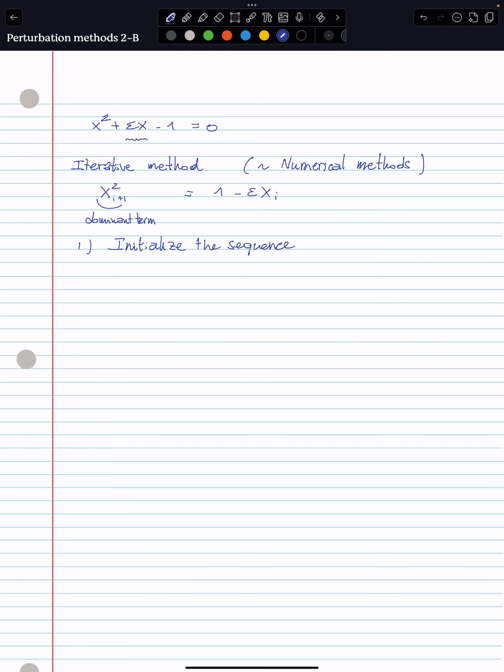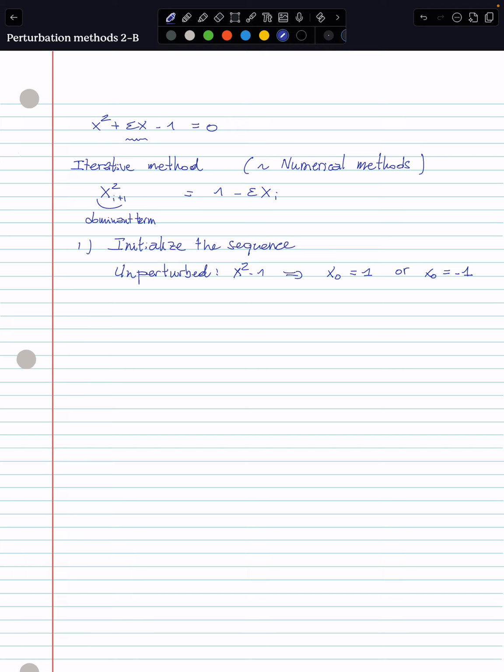And so how do we initialize in this problem, which is a regular problem? It's not too complicated, especially because we could use the solution of the unperturbed. So we're going to use either x0 is equal to 1 or x0 is equal to minus 1. And that would provide, or that should provide, two different sequences.